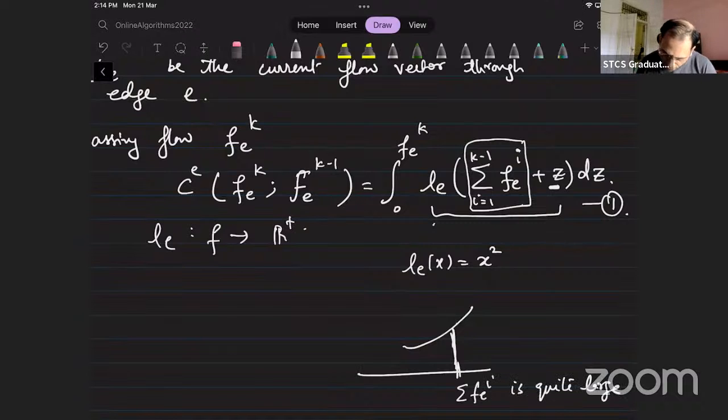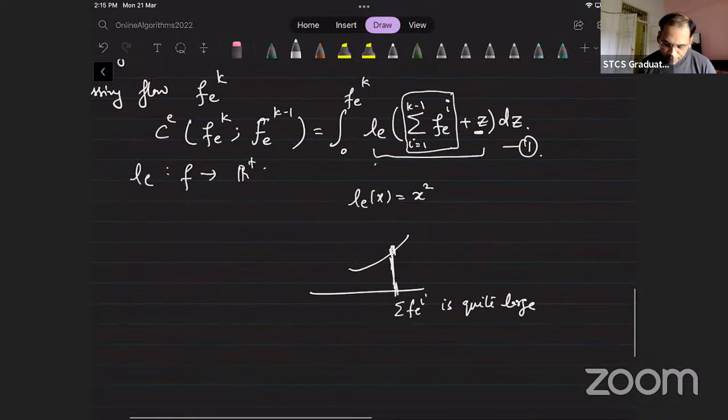By doing this, for every z, I'm asking you to pay a high additional cost. If I made it linear, I would not care what my current loading is. So this is trying to load balance in some sense: if the load is already high, I would not like to load an additional amount of flow on the same edge. Make sense?